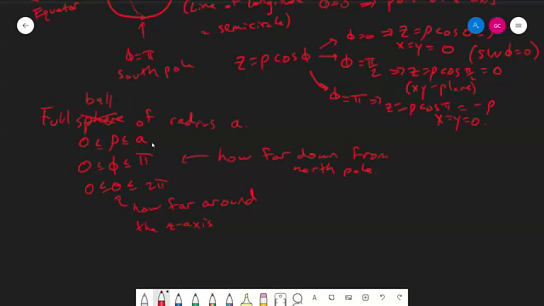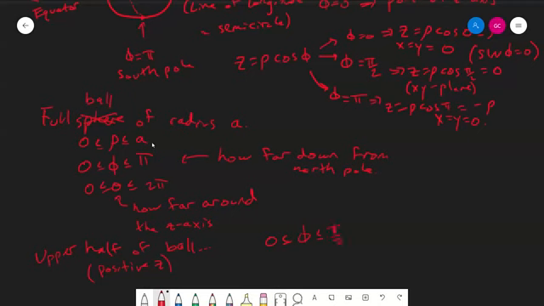And then if you want to start doing various halves of balls or other parts, well, then typically you'll restrict some of the angles here. So for example, let's say you want the upper half of this ball. By upper half, just to be very clear, I mean the positive z half. Well, that means that starting from the North Pole, you want to keep going until you hit the equator.